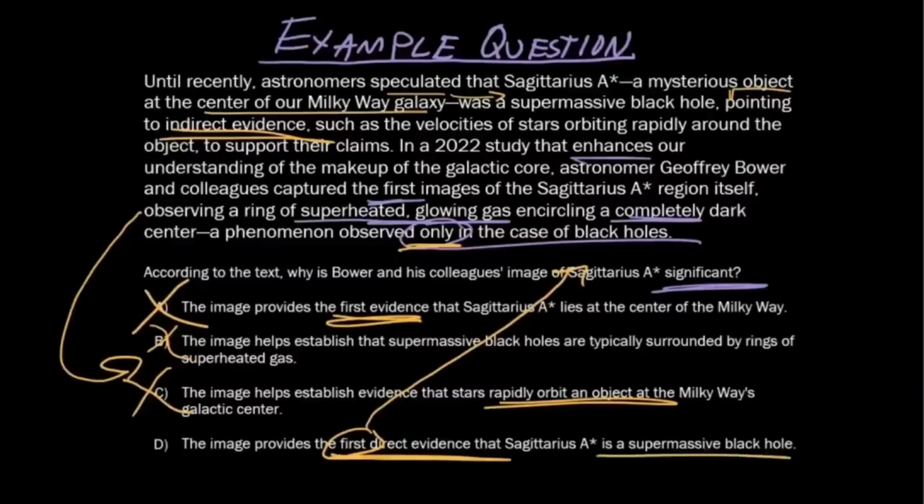All right, the first direct evidence that Sagittarius A is a supermassive black hole. This is true. Okay, we are first, right? We are enhancing our understanding of the makeup, but we are capturing the first images of the Sagittarius A region and proving that it has to be a black hole because this phenomenon is only observed in the case of black holes, making our answer D.